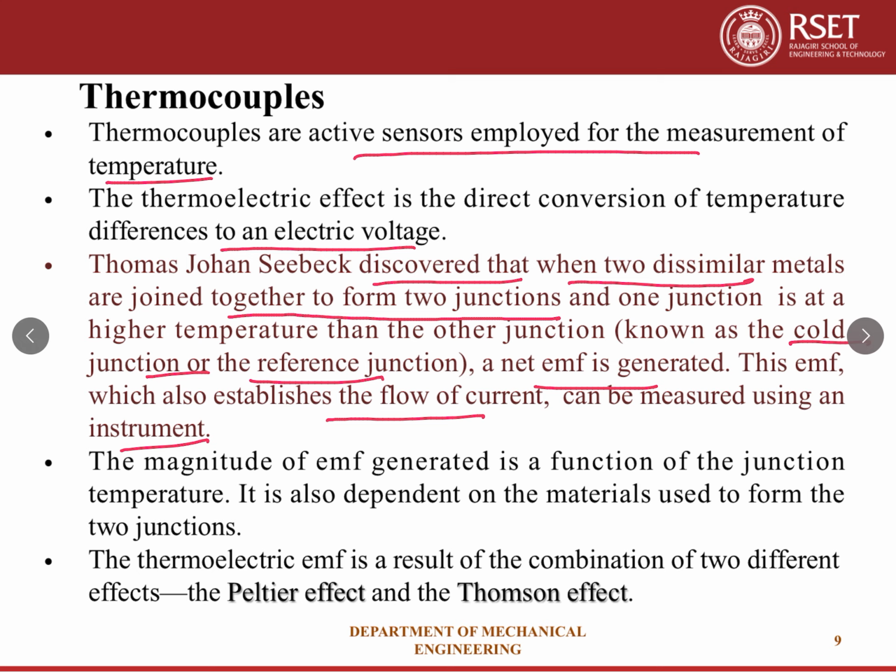This EMF is used for the measurement of temperature. The magnitude of EMF generated is always a function of the junction temperature. It also depends on the material used to form the two junctions. So the EMF generated is a function of junction temperature and material used.